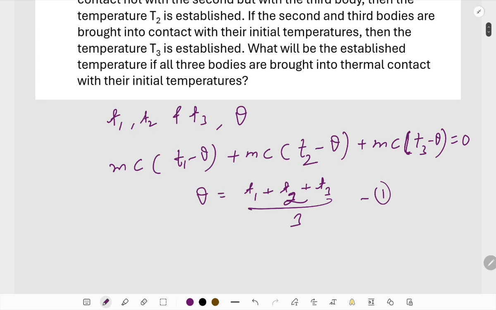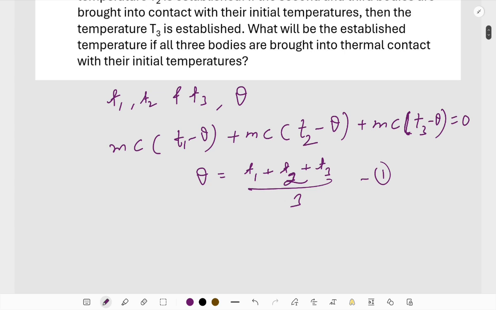And now we move to write down the heat balance equations for the pairwise thermal contacts of bodies. The first body comes into contact with the second body, the first body with the third body, and the second and third body.